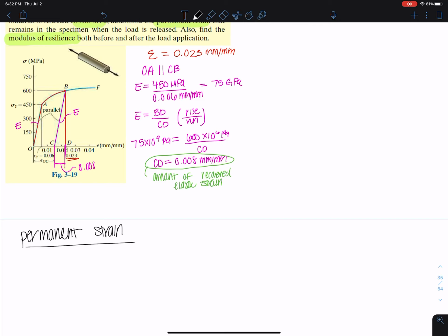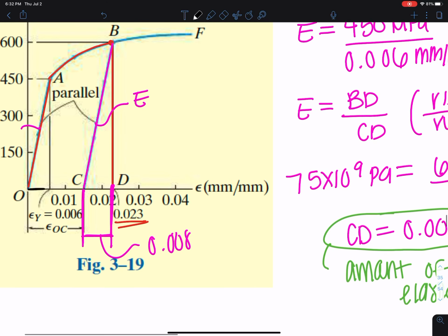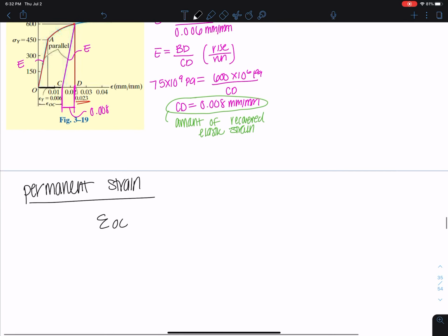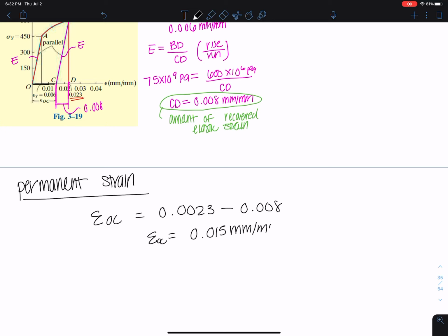Well, we're really looking for this epsilon OC, basically where the new line starts. This is the permanent strain. How much did not recover? So all we have to do is take the 0.023 and subtract the 0.008, and we're left with 0.015 millimeters per millimeter. Okay, so our first answer.